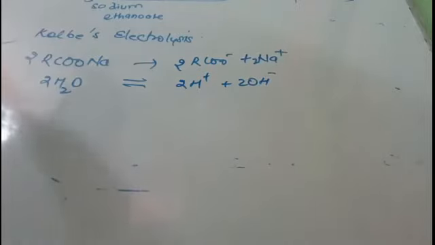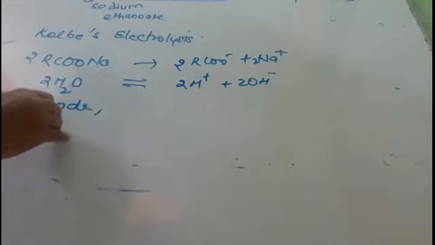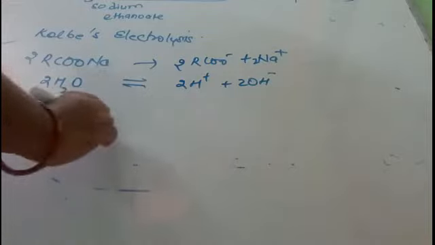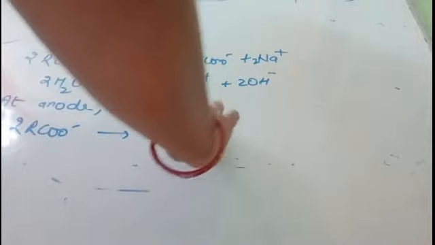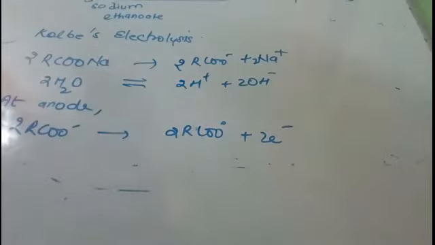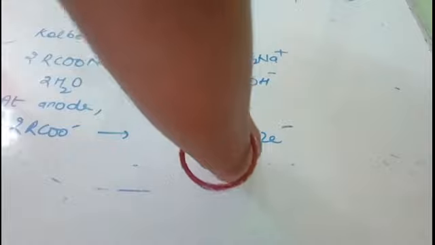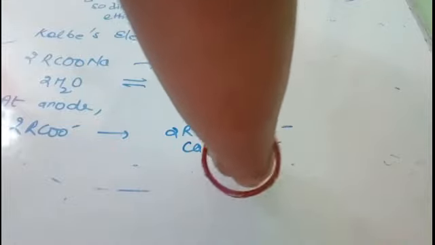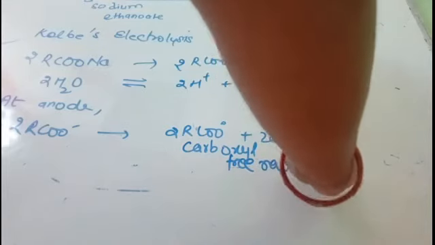Now at anode, these carboxylate ions, they will lose electron to form carboxyl free radical.